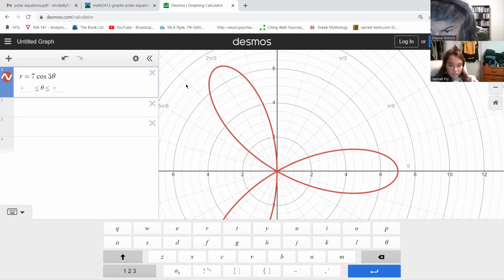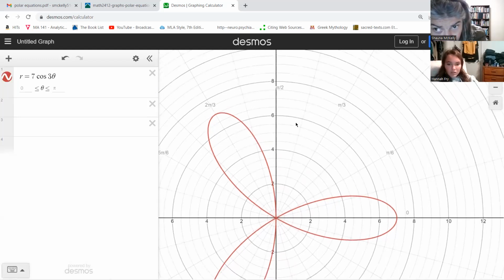If I'm looking at my angles, I don't know if it's showing up well on your screen, but these polar coordinates are labeled in terms of pi, so they're labeled in radians. Pi over 6 is 30 degrees, so they're labeled every 30 degrees here.